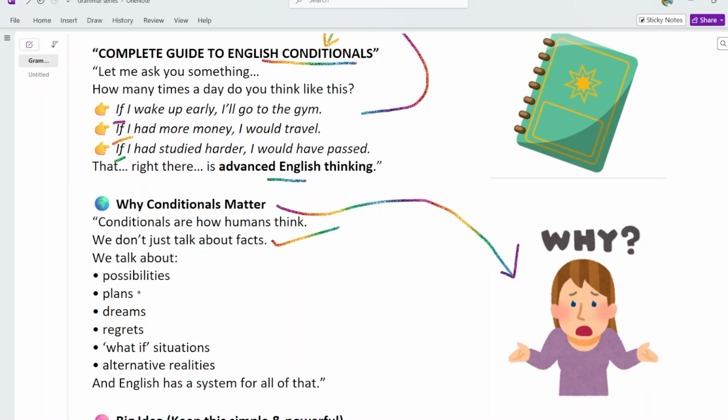Plans, what might happen, what we wished would have happened, like a wish or a regret. These are things we need to keep in mind when talking about conditionals. So, dreams, regrets, and most importantly, what if situations.